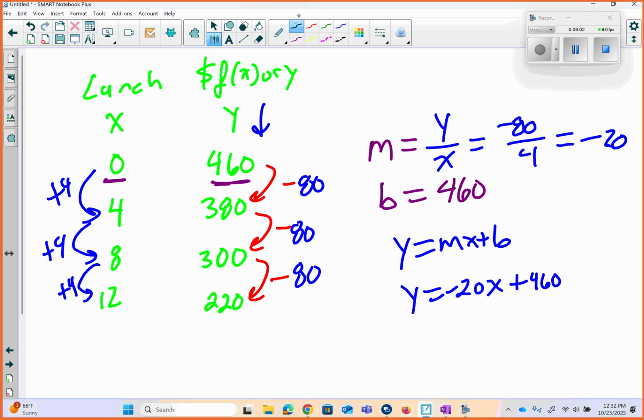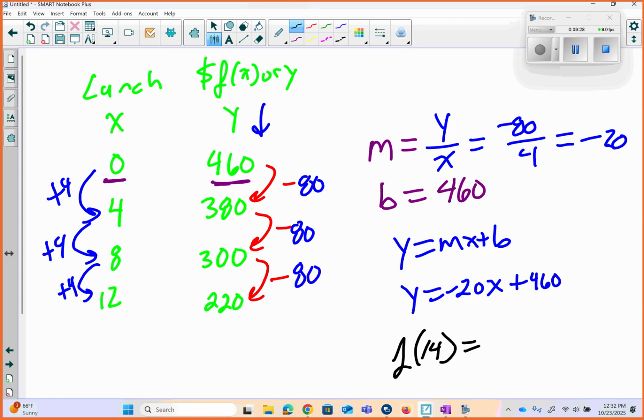And then they want us to figure out f at 14. We're going to figure out f at 14. Okay, so let's talk about the context of this problem. It says lunch and then money. Here's a big question.